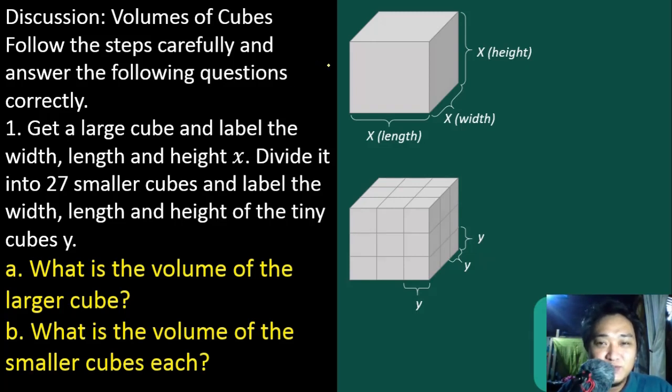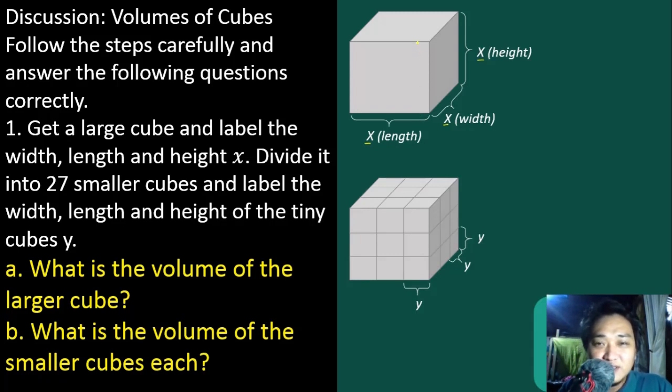So what are we going to do here? In this illustration, let us try to imagine a large cube, and let us label the width, length, and the height x. The width is x, the length is x, and the height is x.